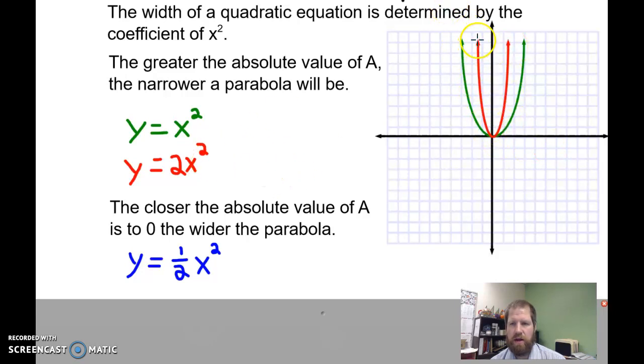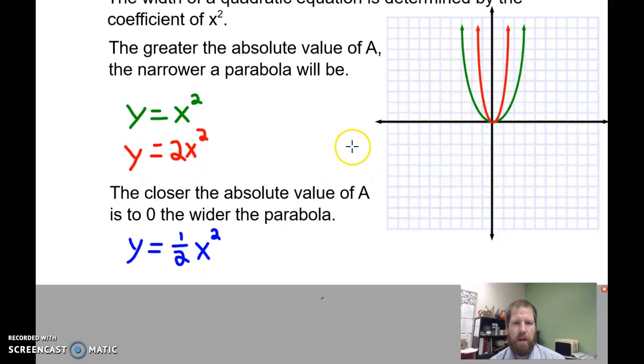And yes, it is just about cut in half. That's because every time I put in a value of x, I'm going to be multiplying the result by 2 for this one, meaning my y is going to be twice as big. It's going to be twice as tall. So when I get to 1, it's going to be 2 times where it is on my green graph, or it should be if my graphs are accurate.